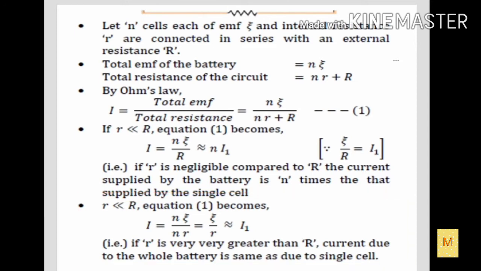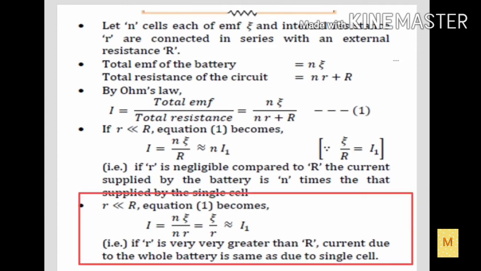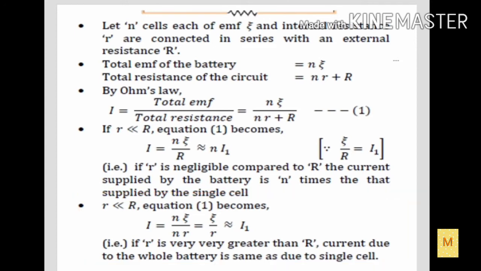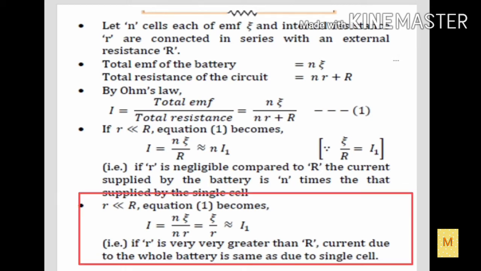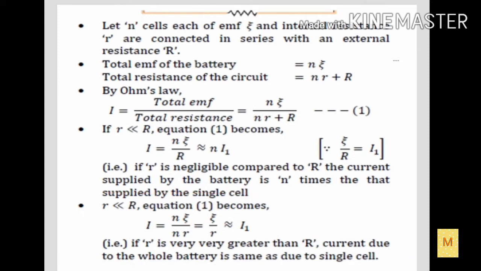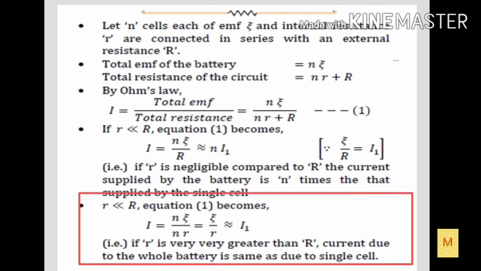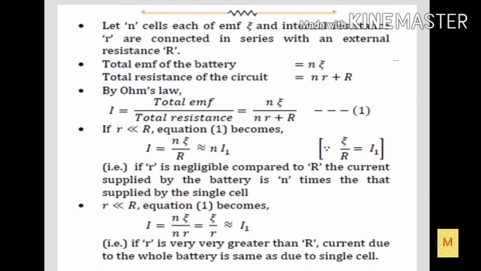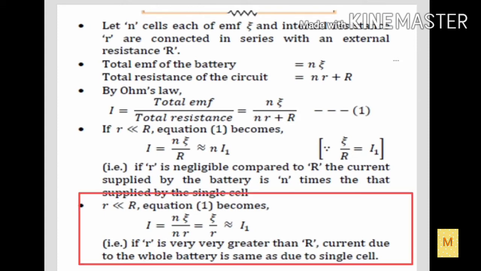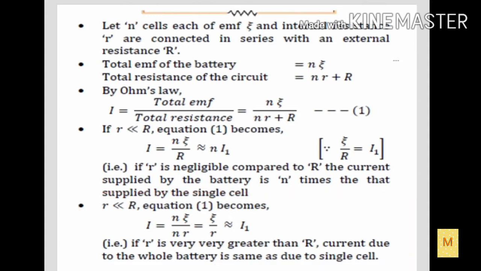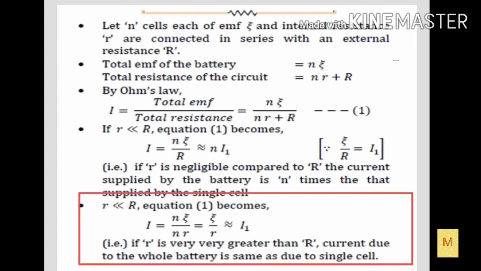If the internal resistance of the cell small r is greater than the external resistance capital R, then equation 1 becomes I is equal to n into psi divided by n into small r, which is equal to psi by small r, which is equal to I1. Such that when small r is very much greater than capital R, current due to the whole battery is the same as due to the single cell.